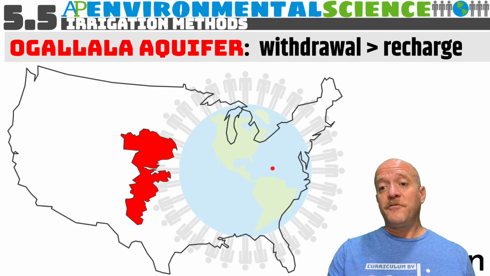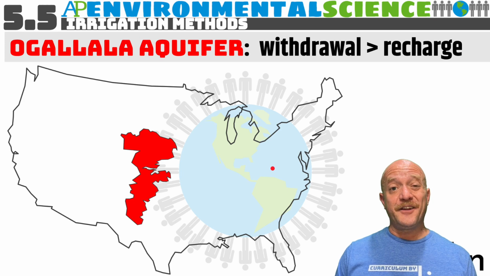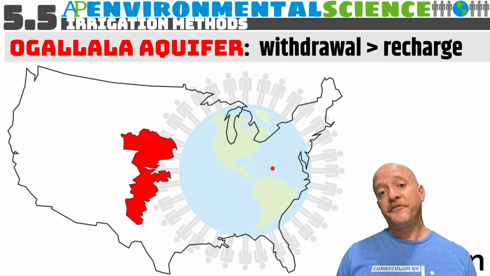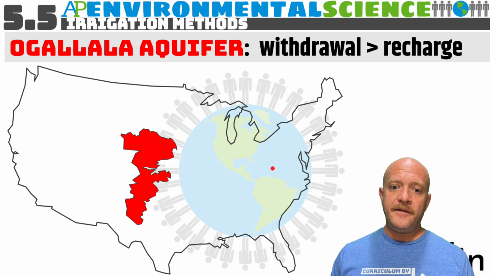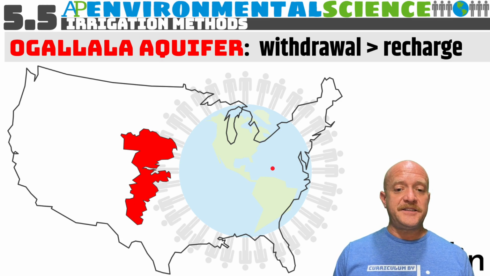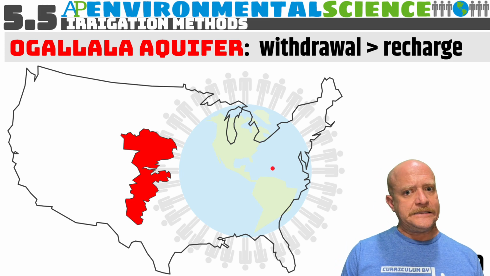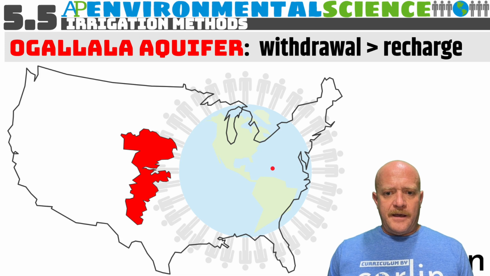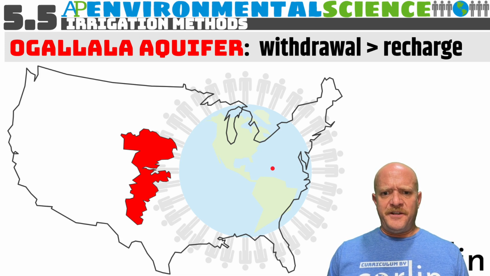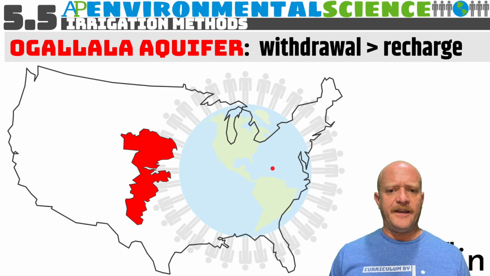Now, one famous aquifer that we have in the United States in the Great Plains is the Ogallala Aquifer. You'll need to commit this to memory because this does show up. It's basically underneath Nebraska, Kansas, Oklahoma, parts of Texas, into Colorado. I think I gave every state, maybe Missouri and Iowa. I forget exactly how many. There's like 7 states that it involves.